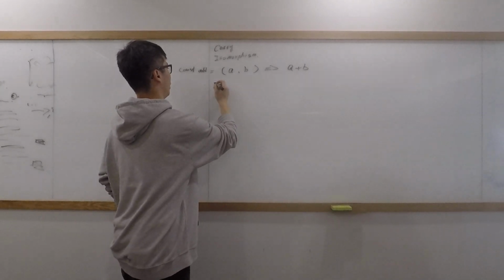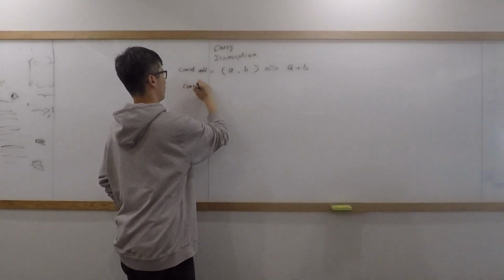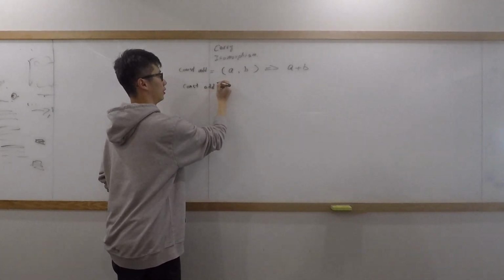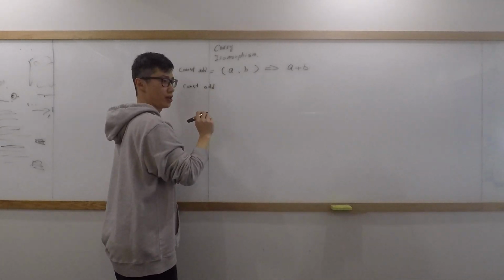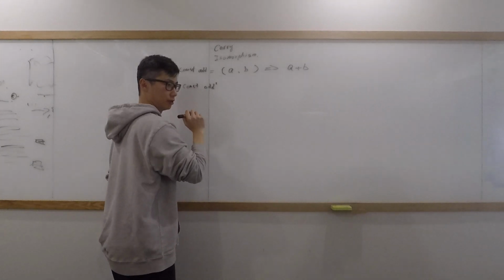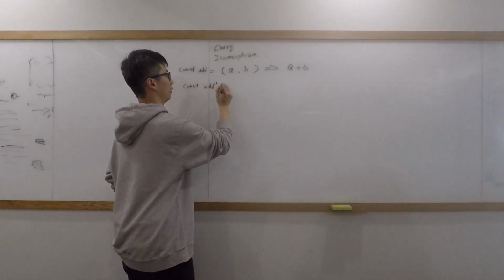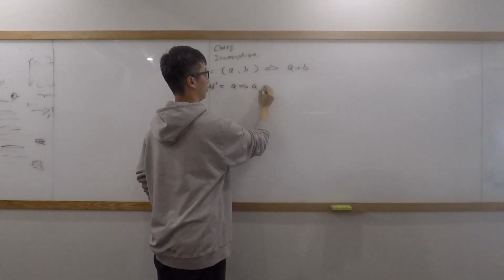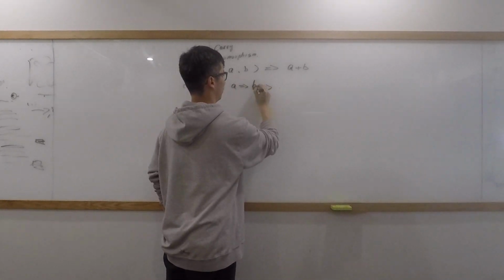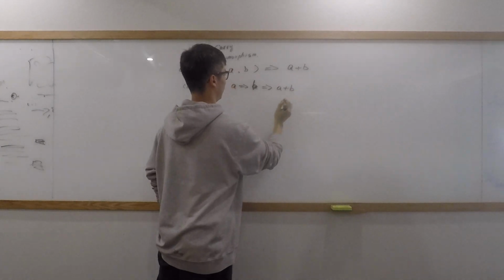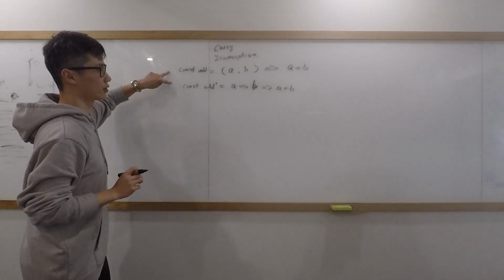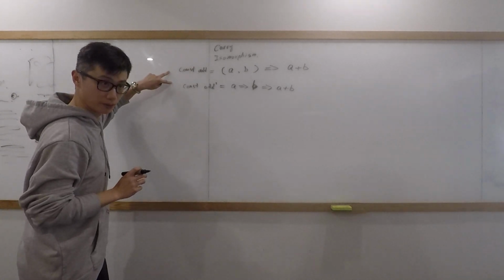And you have another add function, add prime. This is not valid JavaScript, I'll just put a tick here. Those two functions are isomorphic.